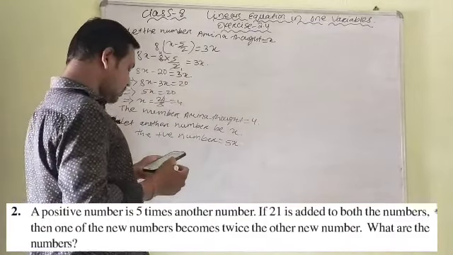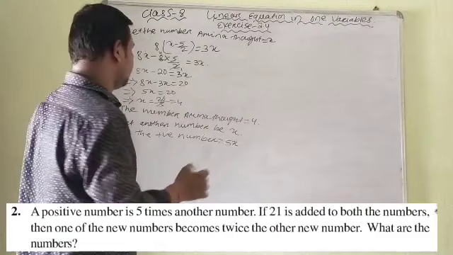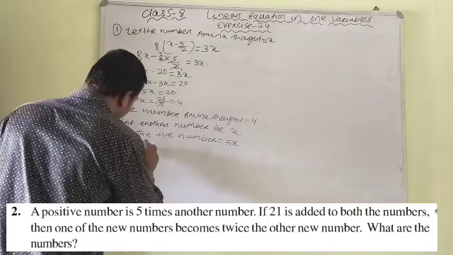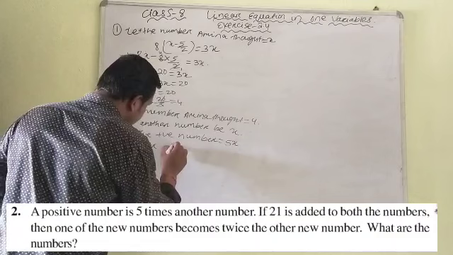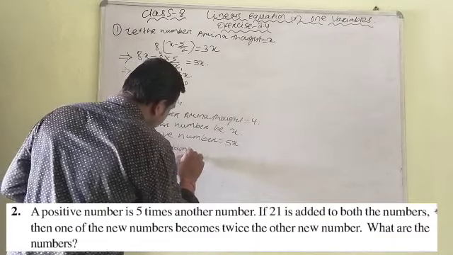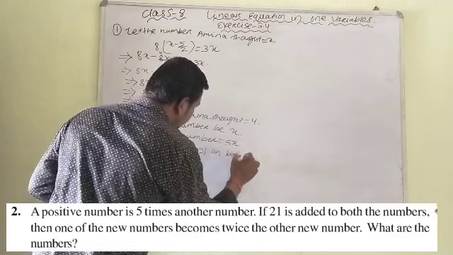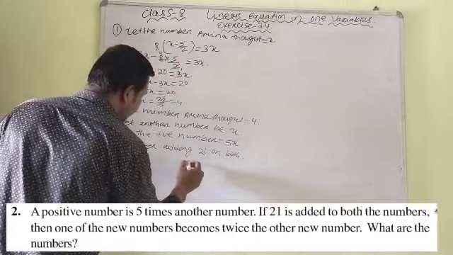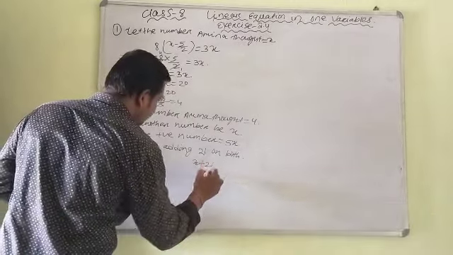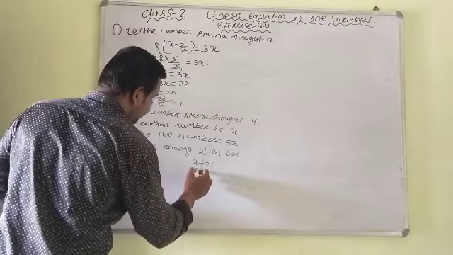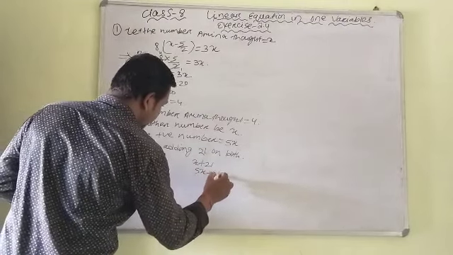Okay, and 21 is added on both. After adding 21 on both, one will be x plus 21 and another will be 5x plus 21.